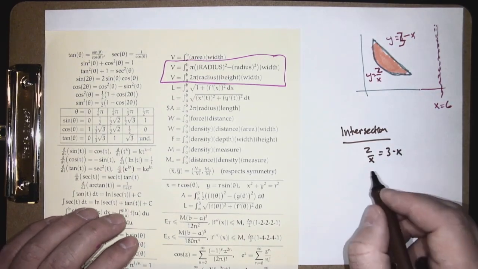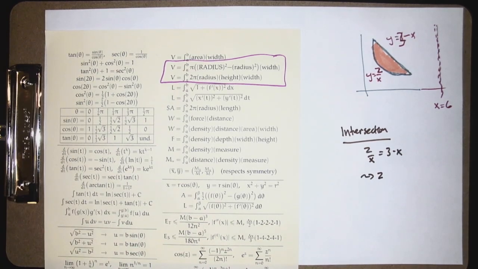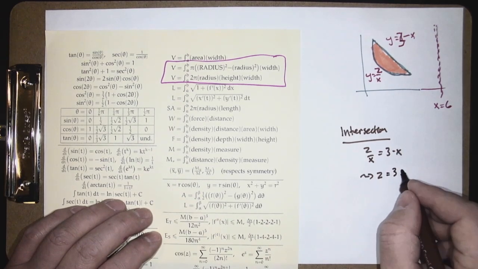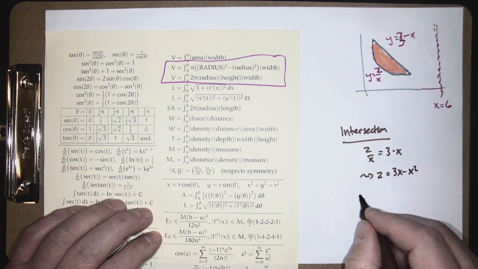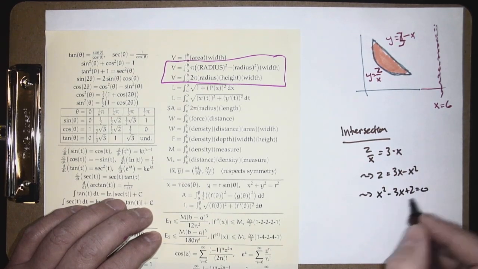So this becomes, what should you do here? Get rid of fractions, yeah. I don't like fractions. How do we get rid of fractions? Yeah, multiply everything by x. So 2 equals 3x minus x squared. x squared minus 3x plus 2 equals 0.